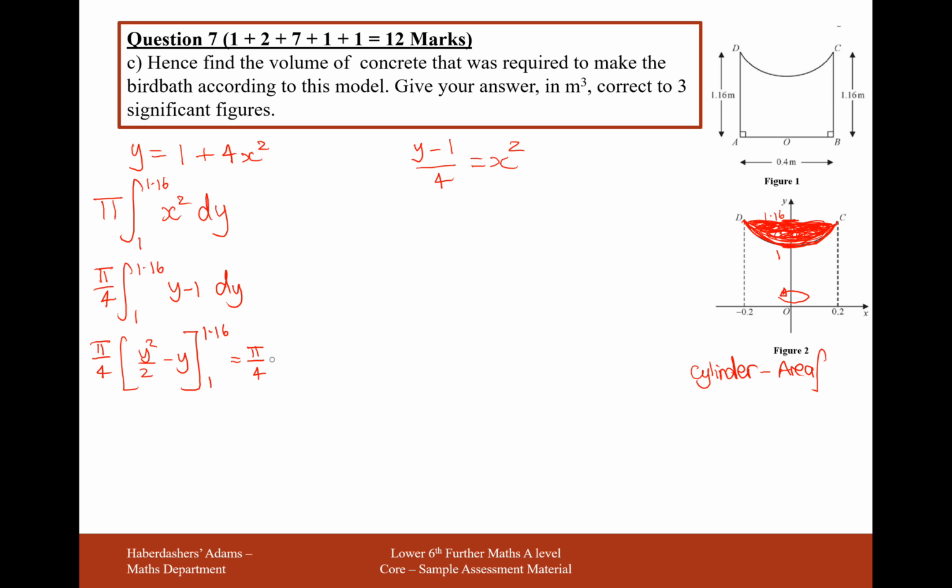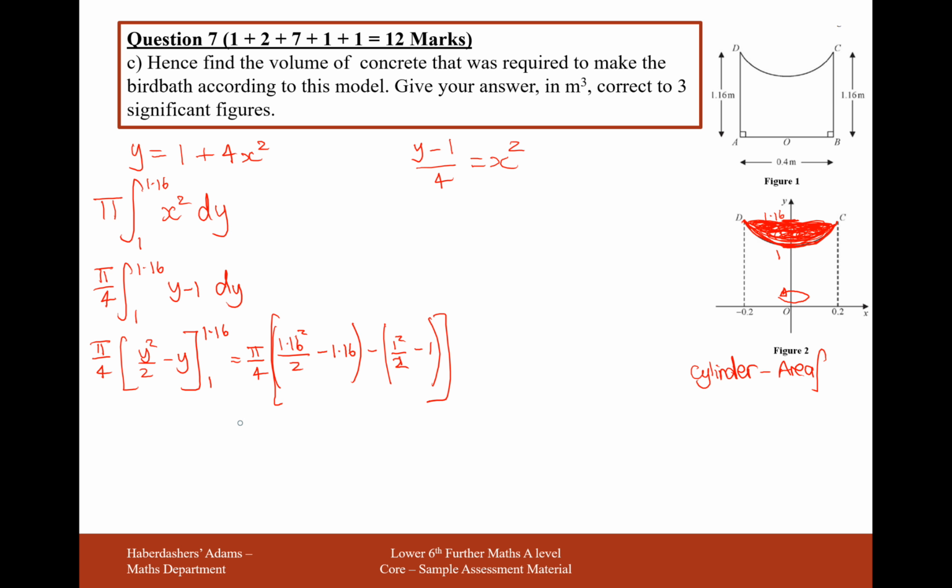So this is going to be equal to pi by 4, and then what we do is we substitute in the higher bound and we take away the lower bound. So 1.16 squared over 2 minus 1.16. Pi by 4 needs to times by all of this, so I'll leave that right until the end. And then it's going to be 1 squared over 2 minus 1.